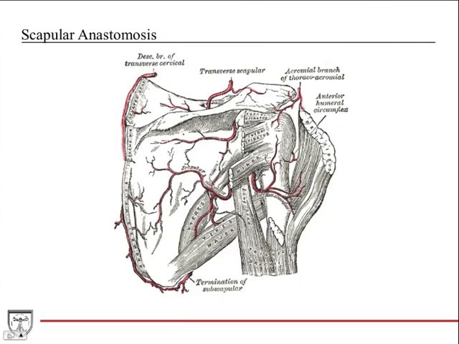So the posterior anastomosis, if we show this here, so you have subclavian coming across like this, so subclavian gives off that thyrocervical trunk.